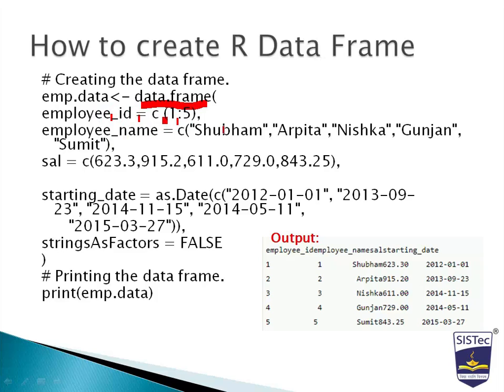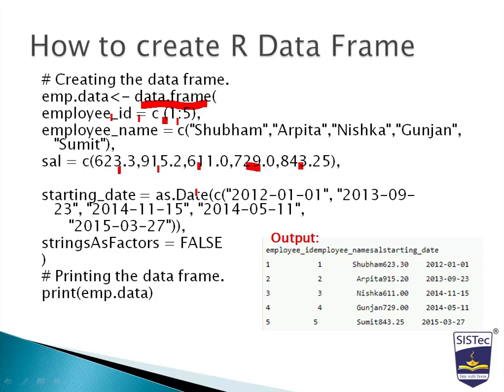For employee name, we have 5 names. Then salary, we also have 5 numeric values, that is 5 salary values. We also create a starting date, converting the date from string values.